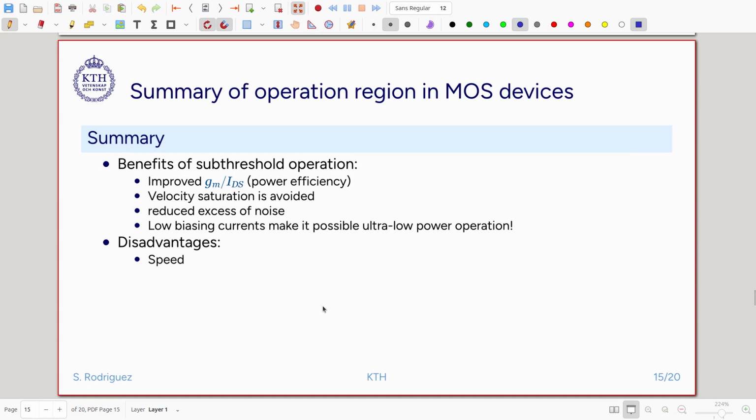So we have a summary. Subthreshold or weak inversion operation, we have a better GM over ID. We avoid velocity saturation because we are handling small VGS voltages.